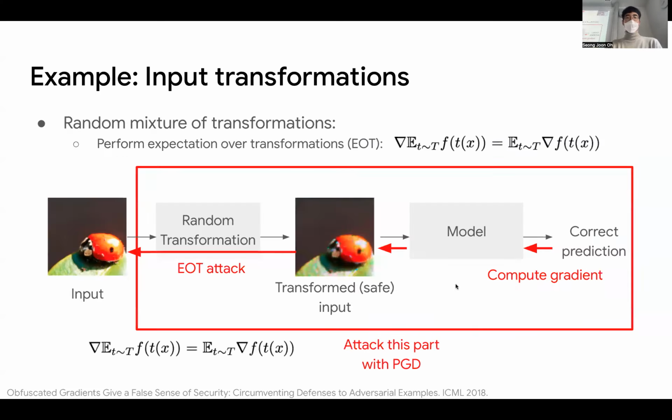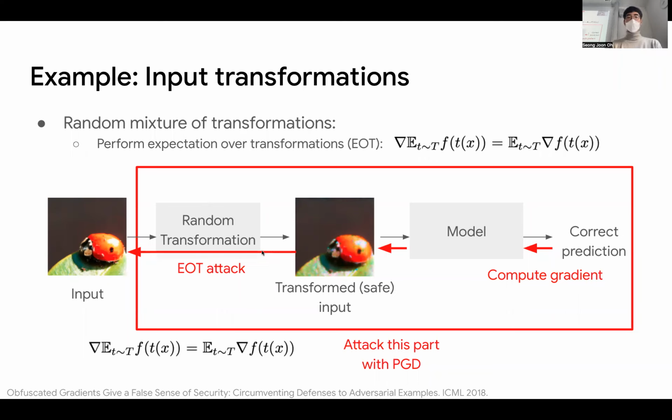Okay. Then there's also this random mixture of transformations that people propose as a way to defend against white box models, because when there is some kind of uncertainty regarding what transformation you're going to use for defending this model, then the white box becomes partially black box because you do not really know exactly what operation is taking place for this part.